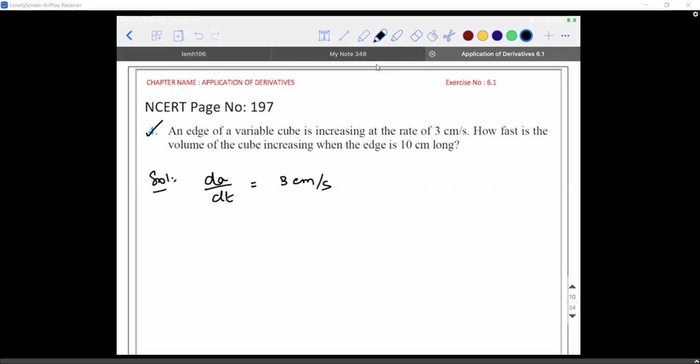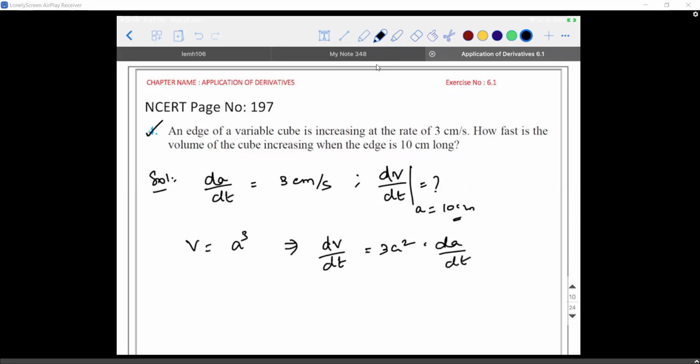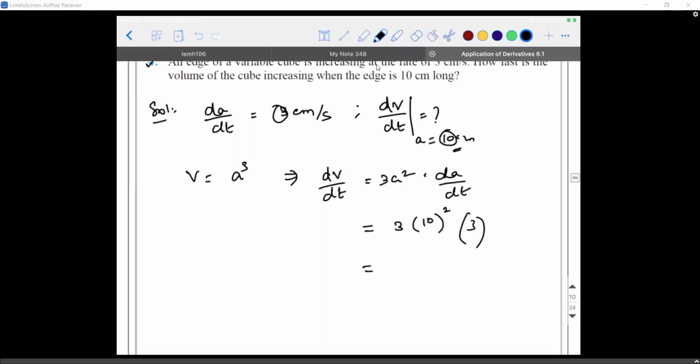So dV/dt is equal to how much when a is equal to 10 cm long? So V is a cube. dV/dt is 3a² into da/dt. So 3 into, what value would I substitute for a? 10. 10 squared, into da/dt, which is 3. So it is 900 cm³ per second. That is the answer.